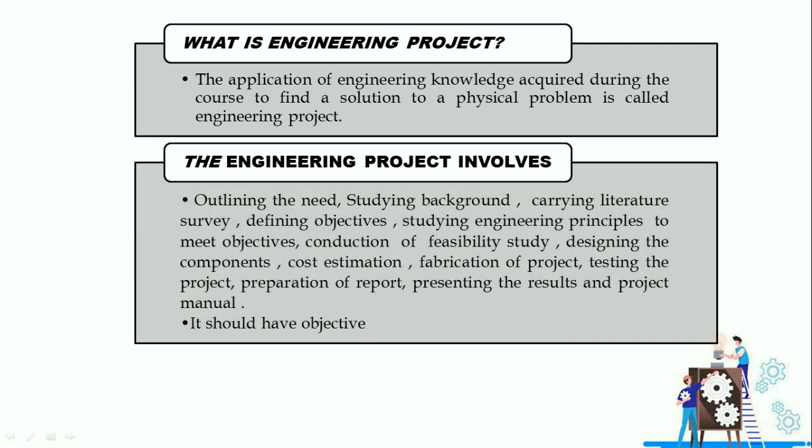Engineering projects involve outlining the need, studying the background, carrying out the literature survey, defining the objectives of the project, studying the engineering principles to meet the objectives, then conducting the feasibility test, then designing the components, determining the cost involved, how to fabricate the project, testing of the project, preparation of the report, presentation of the results, and making a project manual.